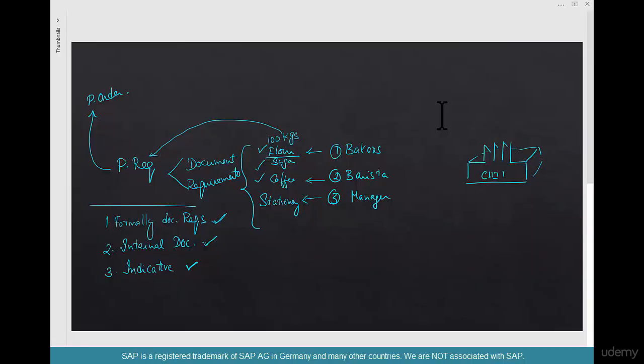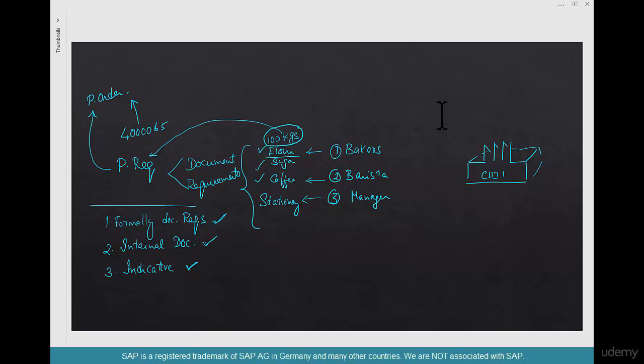Why? Think of this. This baker has asked for 100 kilos of flour, right? And created a purchase requisition for it, say 40000065 for a quantity of 100 kilos. Now you have converted that into a purchase order.